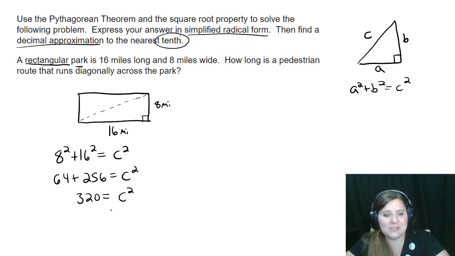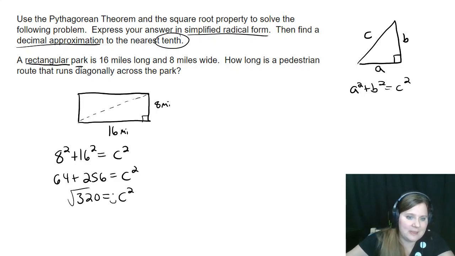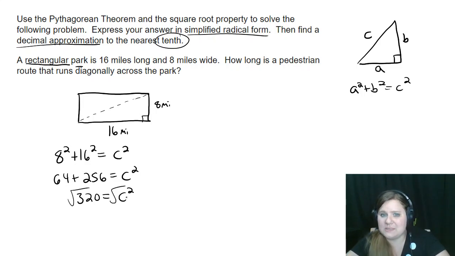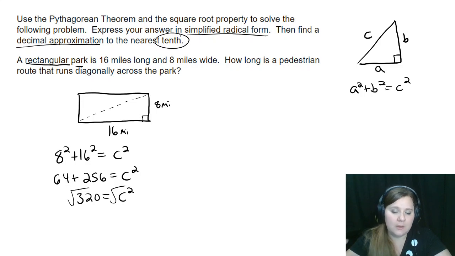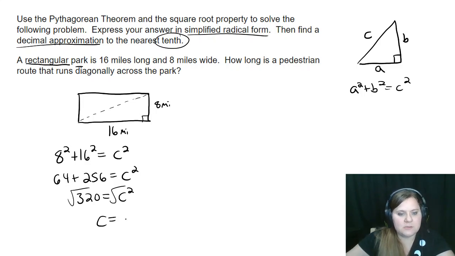Now I need to take the square root of both sides. Normally, when you take the square root of both sides, you're going to do the plus or minus in front. However, remember here that since we're talking about the length of a sidewalk, it can't be a negative length. So we're going to stick with just the positive value. So c equals root 320.